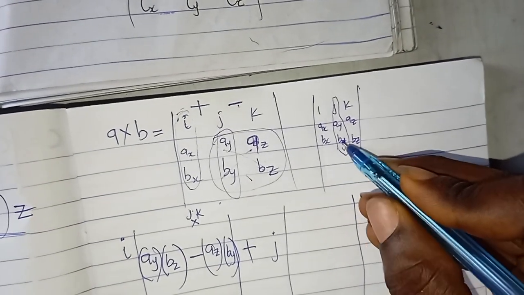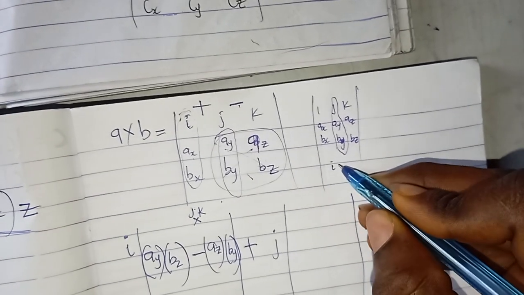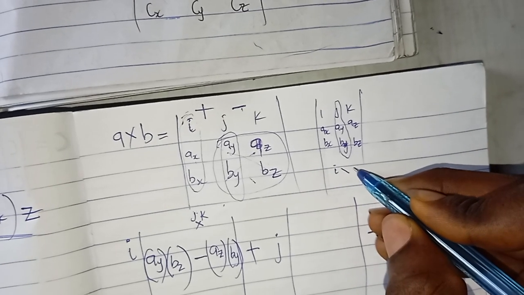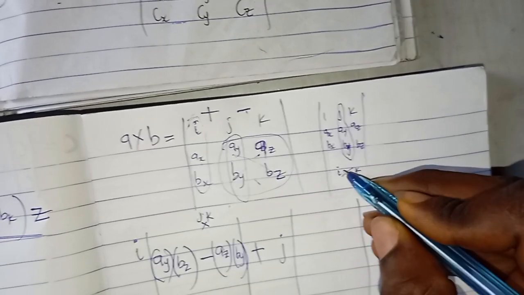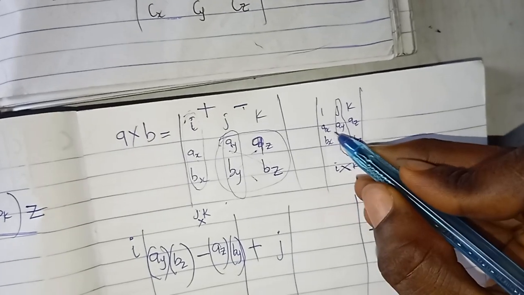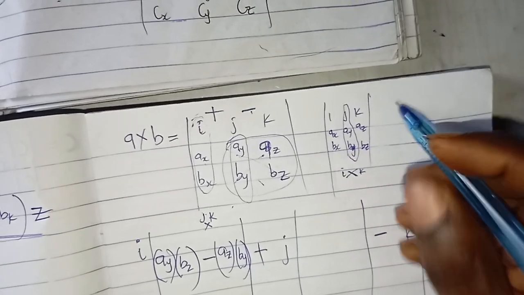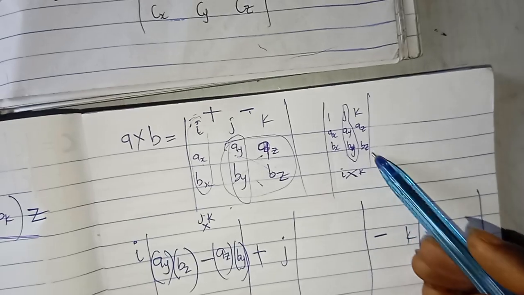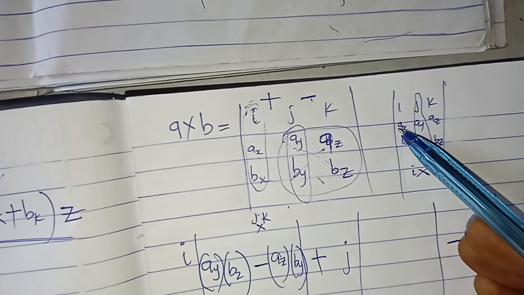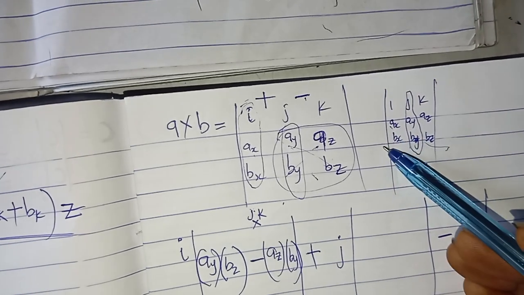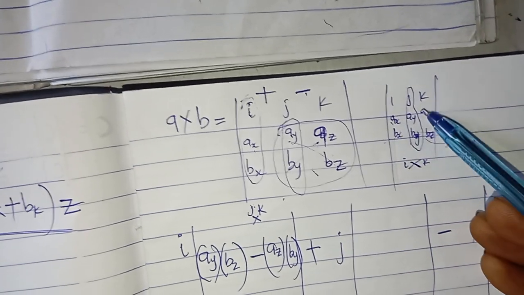So when I'm doing for J, I ignore it. I just do I cross K, and I'll do I cross K using left, right, left, right.